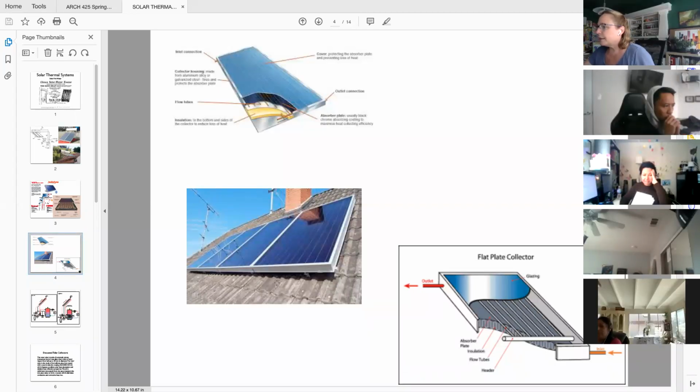So the difference is this flat plate collector is not storing water in the collector itself. It is just a pass-through mechanism to heat the water, which means the solar hot water has to be stored someplace else in a tank.